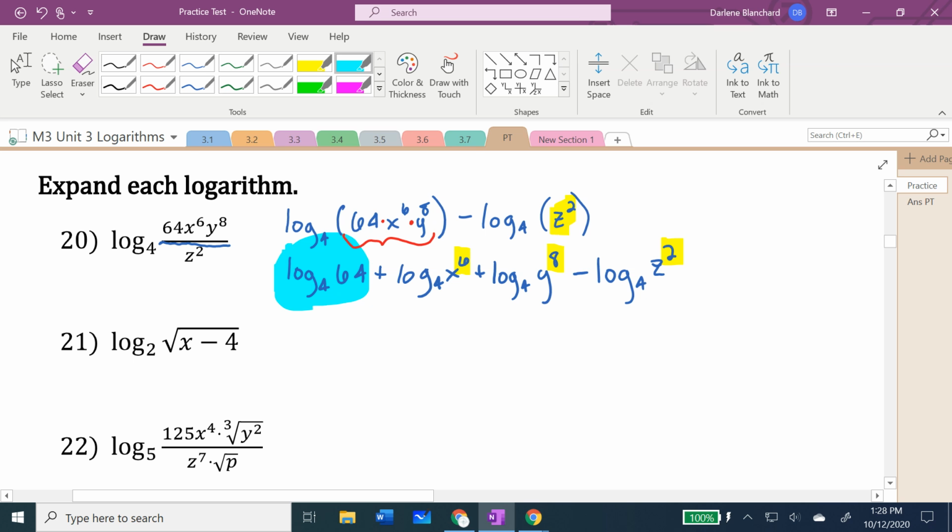Is 64 4 to a power of something? Sixty-four is 4 to what power? There you go, 3. And then I'm going to bring those exponents and put them in front, and that will be it.